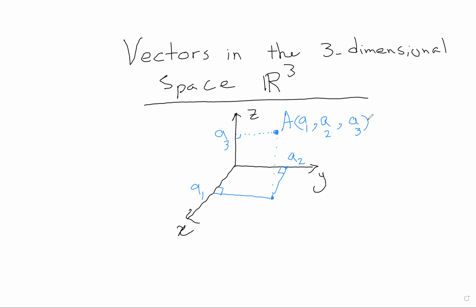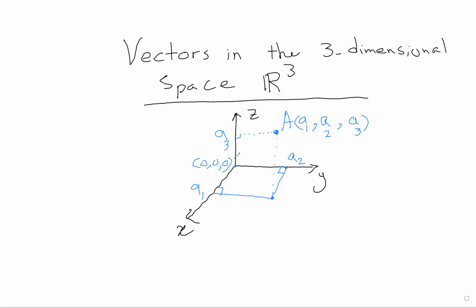Similar to the case that we had for R2, if I look at this vector initiating from the origin, and as you know, the origin is 0, 0, 0 in this case, so this origin is the point 0, 0, 0.